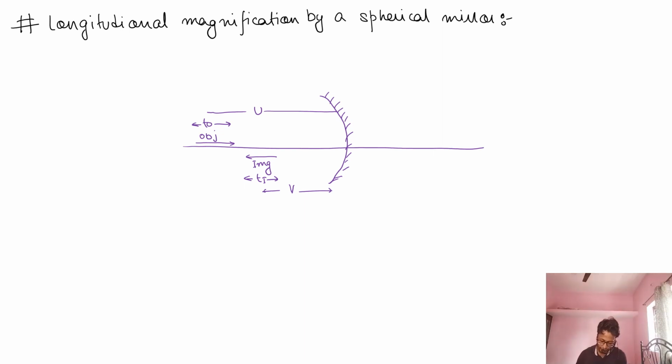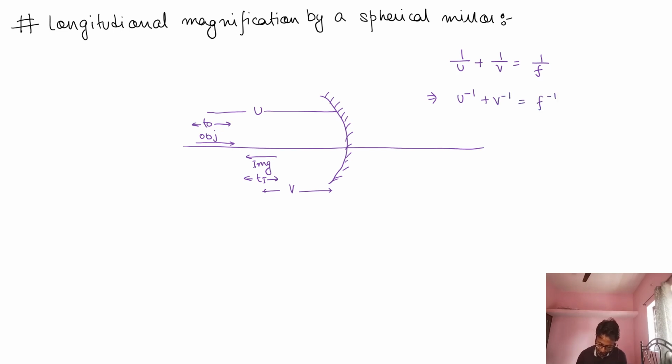Okay, now we know the mirror formula is 1 by u plus 1 by v is equal to 1 by f. Now I'm differentiating this, u with respect to du and v with respect to dv, and the focus of a mirror is always constant, so the differentiation of the focus would be 0. So u inverse plus v inverse can be written as f inverse.